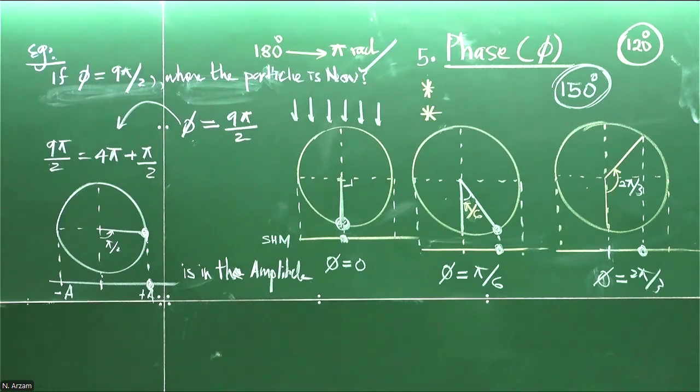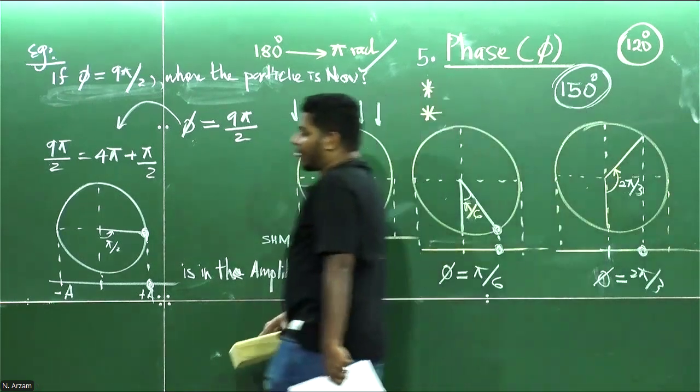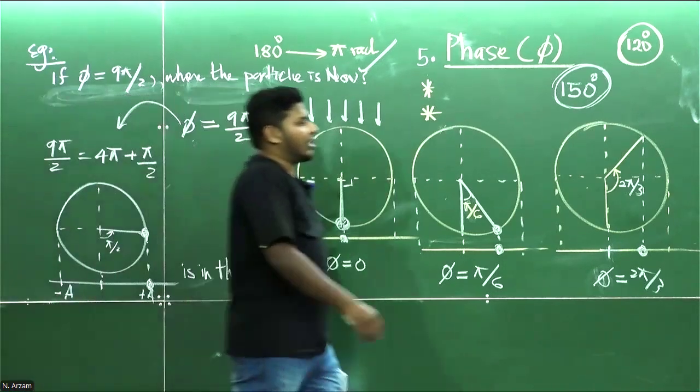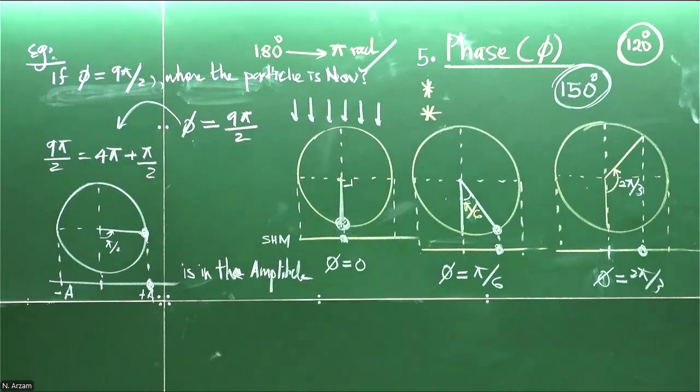It's hard to find a 2 rupee coin, right? Okay, right. So we want to do some questions today. Do you have any doubts? Please let me know. If you have any doubts, you can ask me.